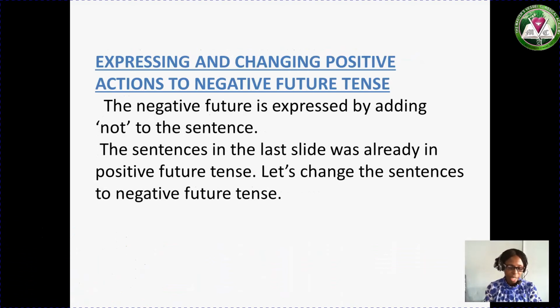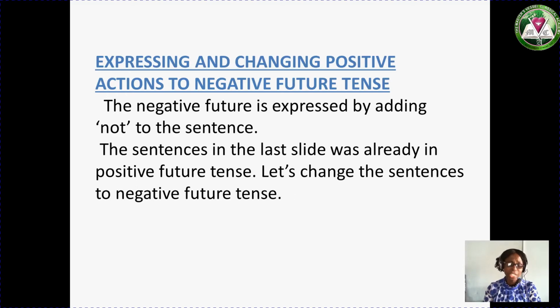The future tense can be expressed in positive and negative ways. In the previous slide, you've seen that the sentences are in positive form. The future tense can also be expressed in negative ways. The negative future is expressed by adding not, N-O-T, to the sentence.